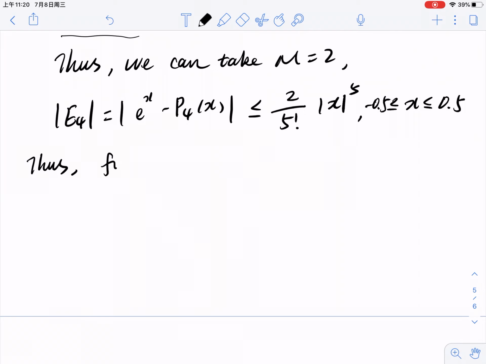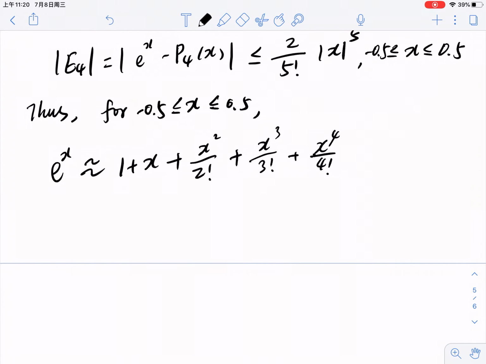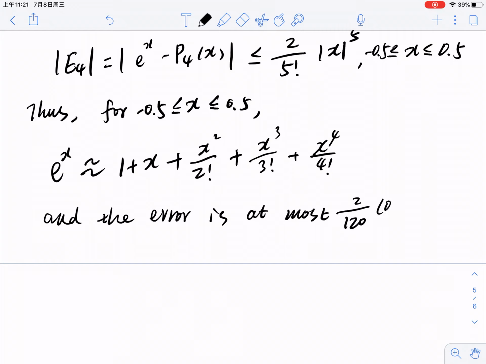Thus, for x between negative 0.5 and 0.5, e^(2x) is approximated by 1 plus x squared over 2 factorial plus x cubed over 3 factorial, and so on. And the error is at most 2 over 5 factorial, which is 1/60, times 0.5 to the power 5.